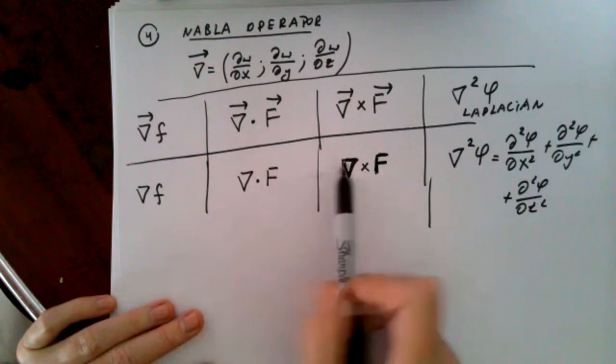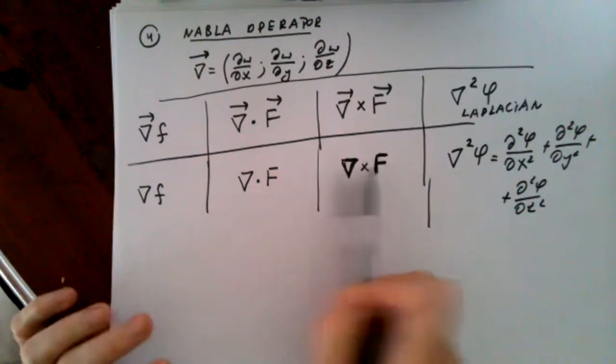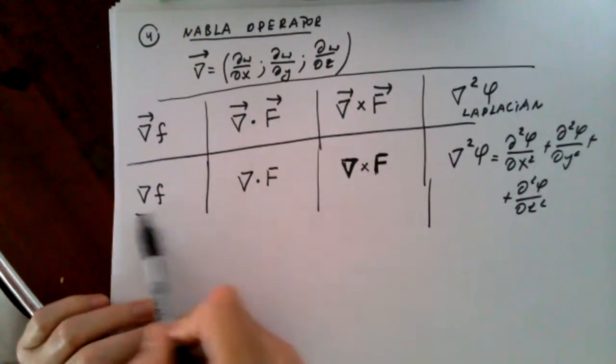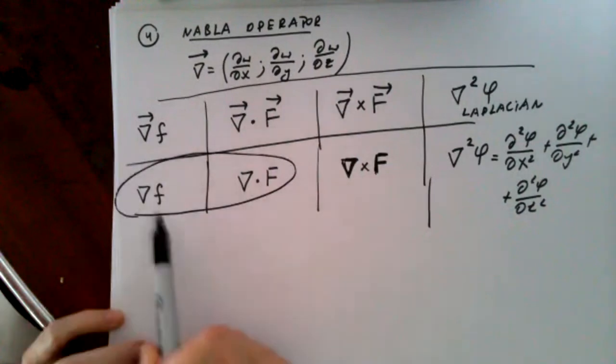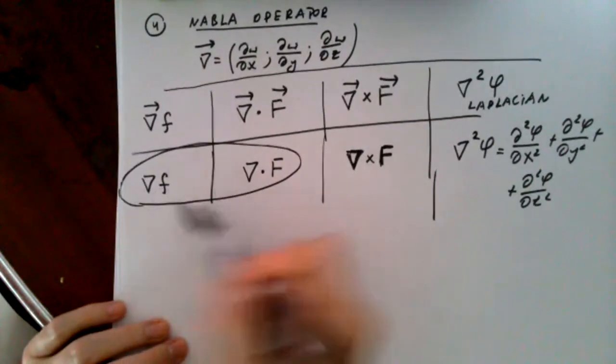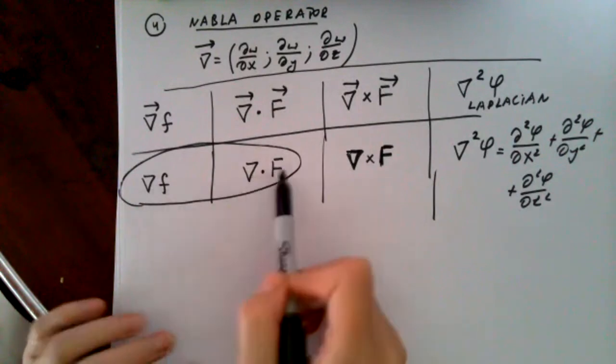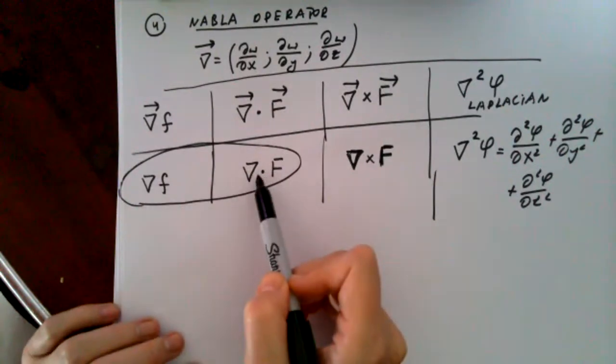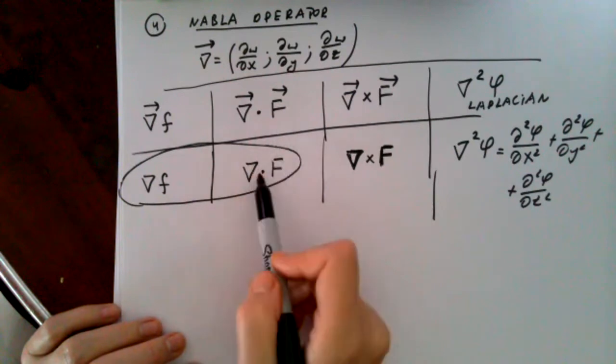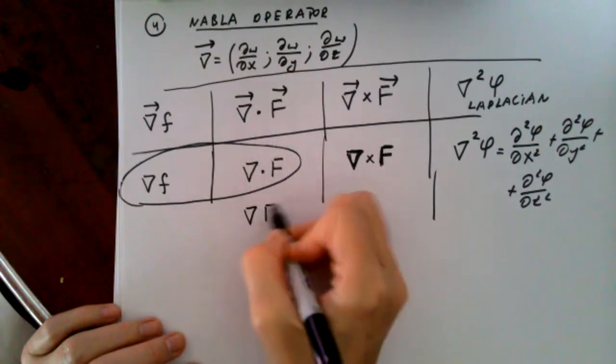But what if the font is not very clear? What should you do? I think these 2 cases are especially confusing, so let's go over these 2 cases. They look pretty similar. Look at this: nabla F here, nabla F here. There is a dot here, but you might think that maybe they just forgot to print this dot. Sometimes they don't even care to print this dot.